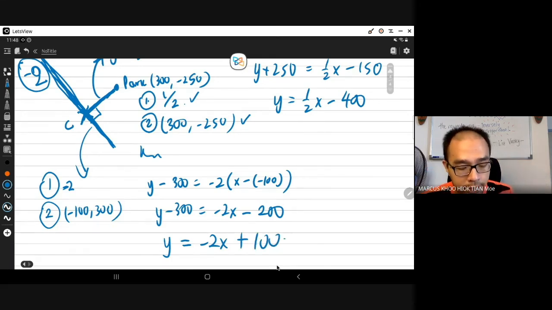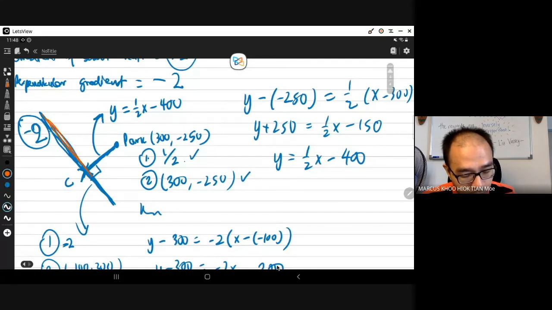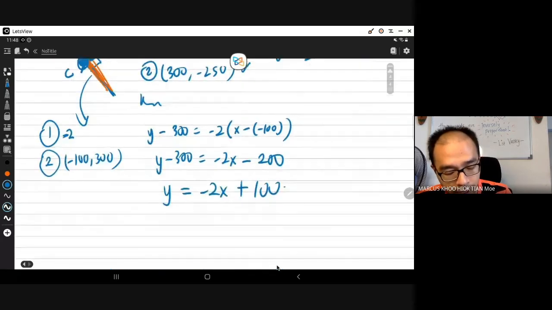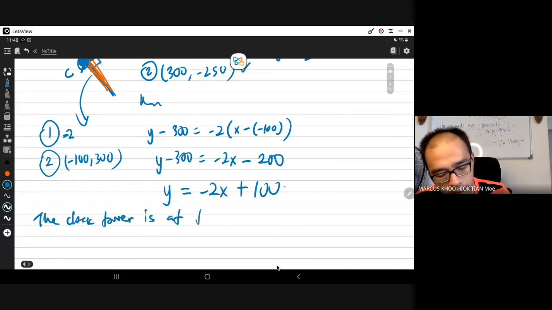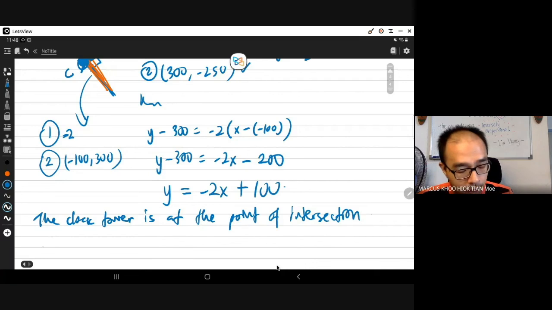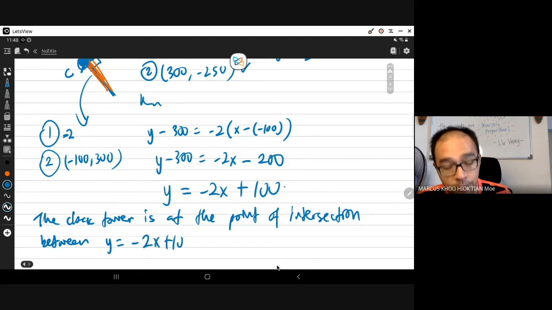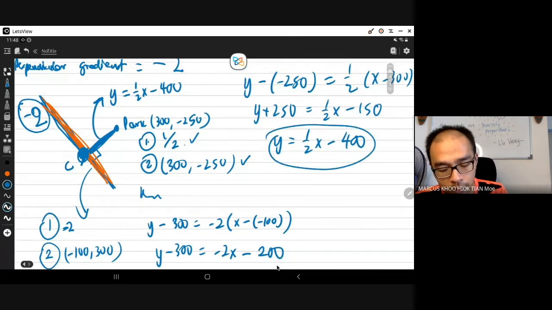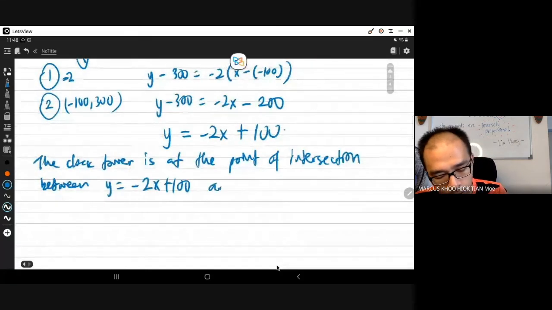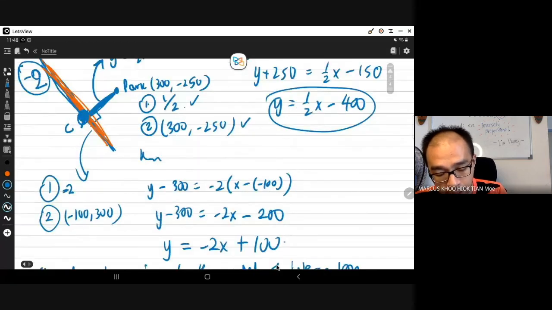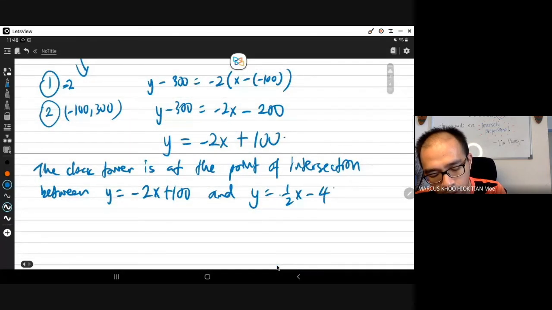Plus 100. And since this red color line and the blue color line are perpendicular, and because they intersect here at the clock tower, you can write that the clock tower is at the point of intersection between the red color line, which is y equals negative 2x plus 100, and the blue color line, which is y equals half x minus 400.